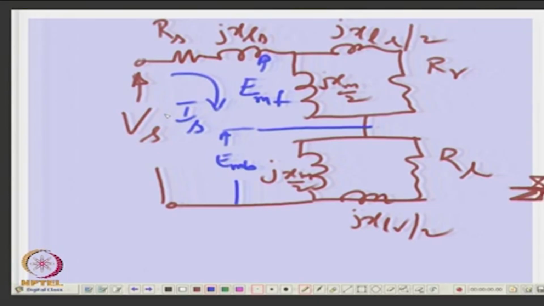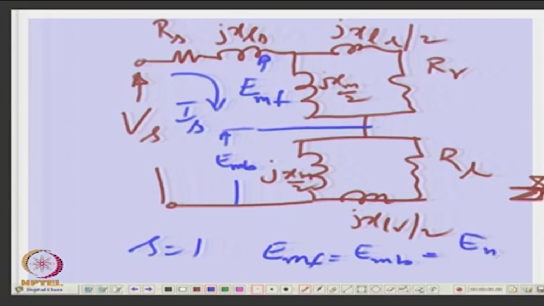So, you split it into two again at S equal to 1. Is it clear? So, EMF, whatever was the earlier voltage induced, EMF equal to EMB is equal to whatever the earlier voltage was, divided by 2. Any doubts at this point? You just split it into two.